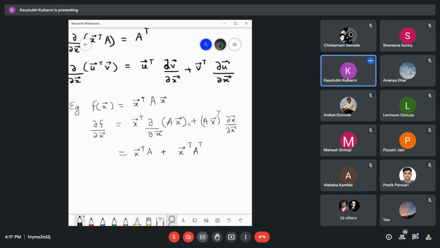Now, although I have not stated this rule, the partial derivative of x bar with itself gives an identity matrix I. Okay, I'll just write it here.